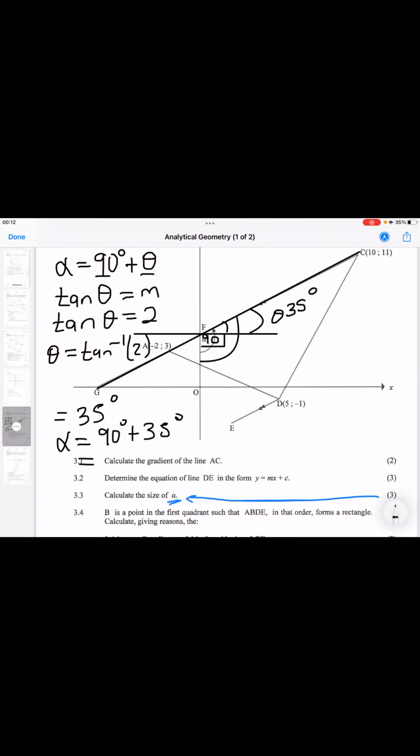And then the sum gives you alpha. What is it? 125, based on my assumption there. Remember, it's an angle, it has to be in degrees. So if you do not know what an angle of inclination is, it might be confusing, but that's how you easily work out that question.